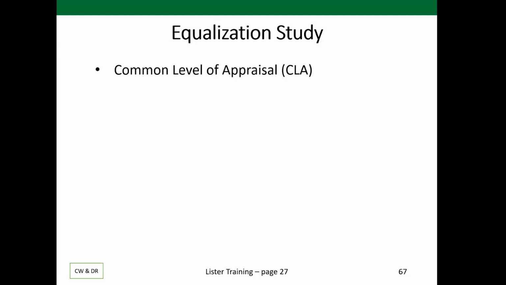Sounds good. Okay. So common level of appraisal, I'm going to read this right from your documentation on page 27. The CLA is the measure of how close a town or city's local assessments are to fair market value. Vermont municipalities will no longer be required to reappraise when the CLA falls below 85, but the CLA directly affects the education tax rate and use value calculations.